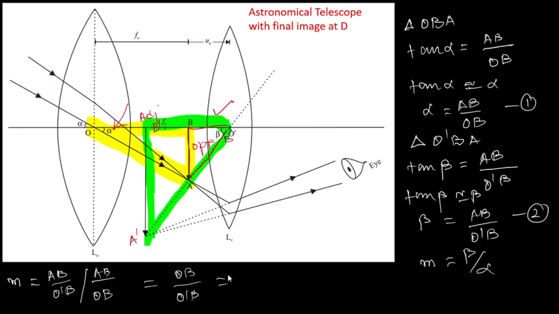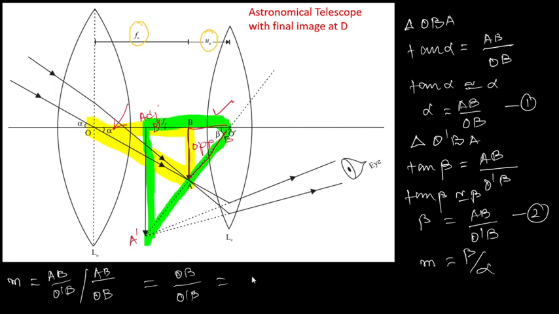Now, what is OB? OB is nothing but FO. Okay, so this FO is on the right side of the first lens. And what about O dash B? That is UE. So that is on the left side of the second lens.